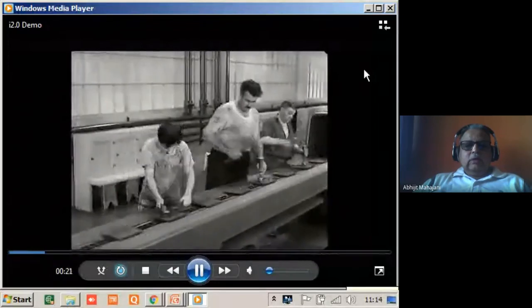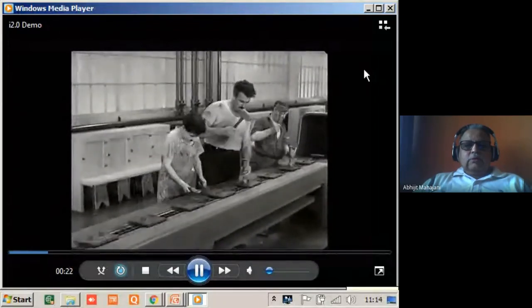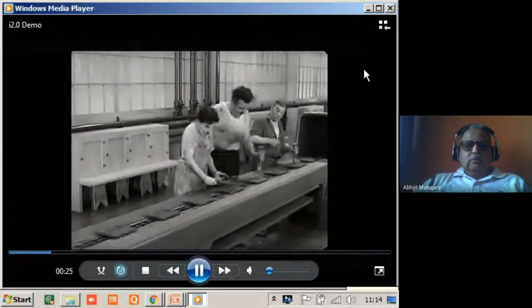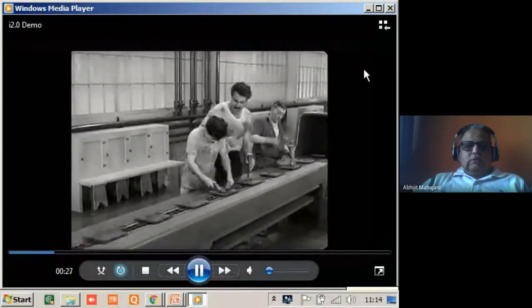This is the conveyor line, and there are people standing around it and doing the job. See what happens.